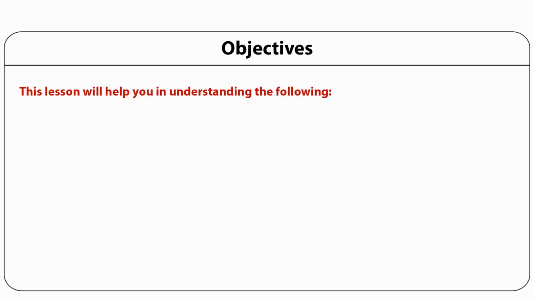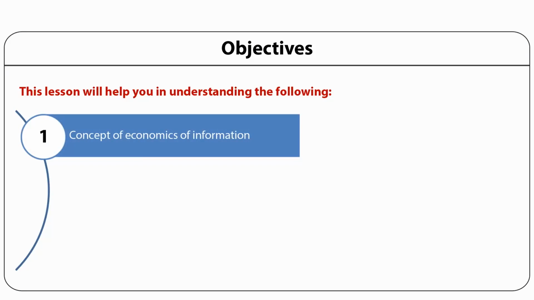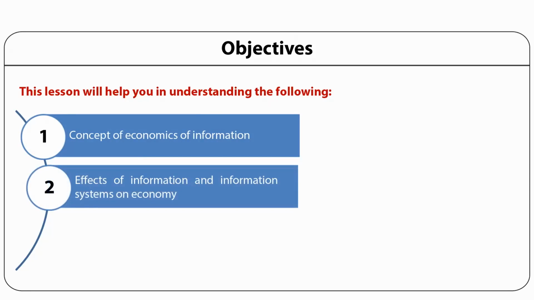If you are wondering how this lesson will be useful to you, well, I plan to cover 6 objectives through this presentation. 1, you will be able to understand clearly the concept of economics of information. Then, the effects of information and information systems on economy.